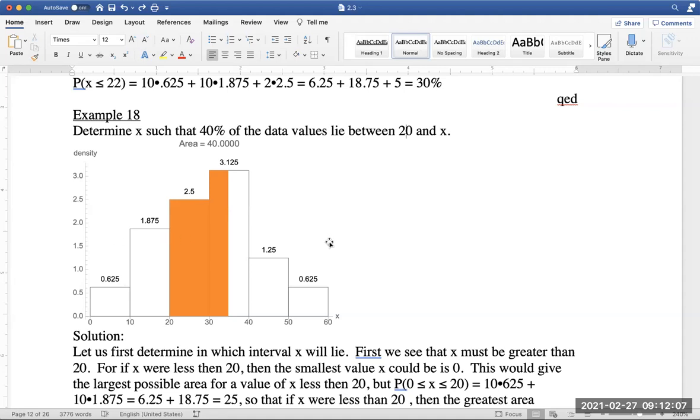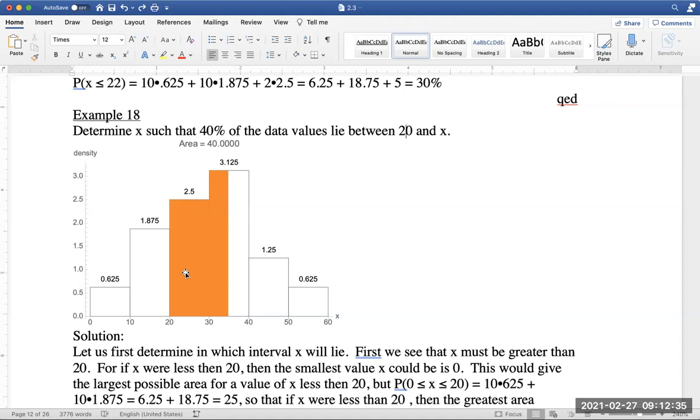So it's got to be on the other side, and X has to be to the right of 20. Let's see which of these bars it will be in. If I start at 20 and go all the way to 30, that's 10 times 2.5, which is 25%.